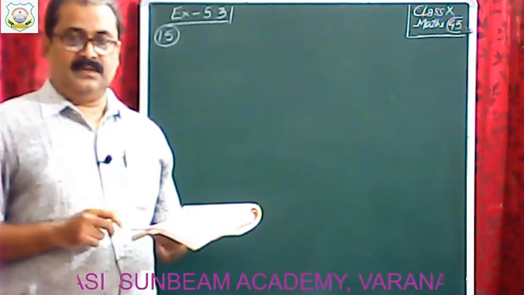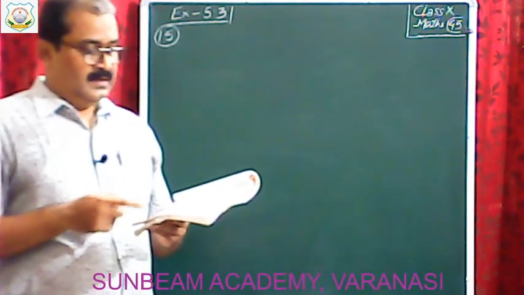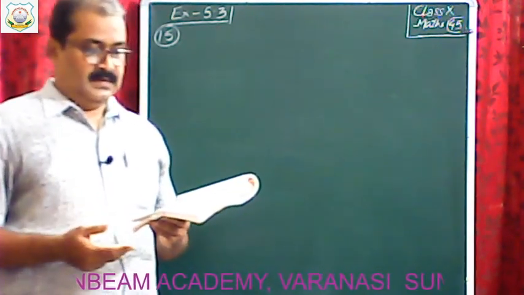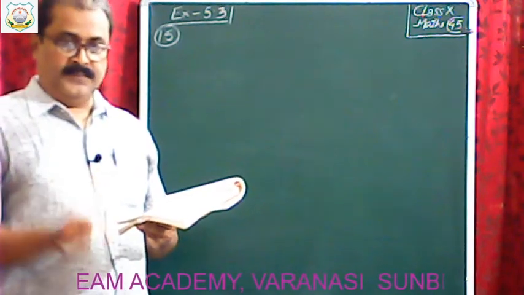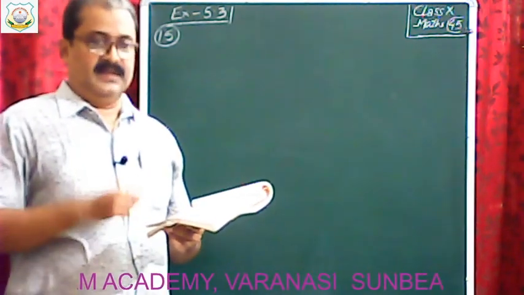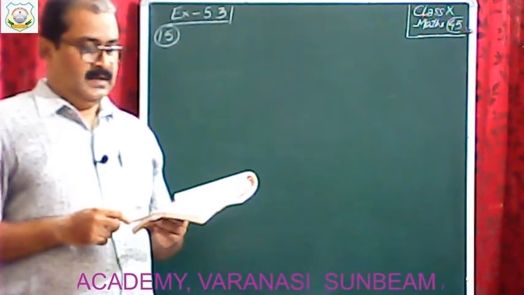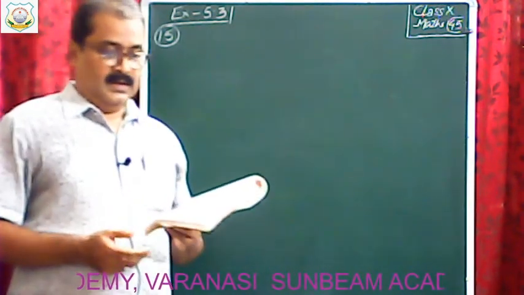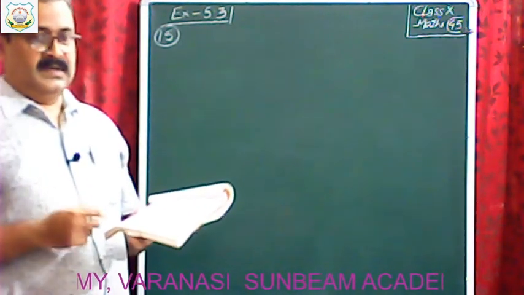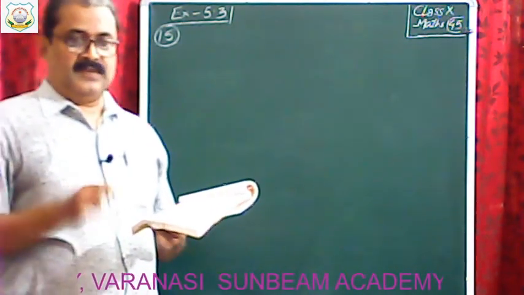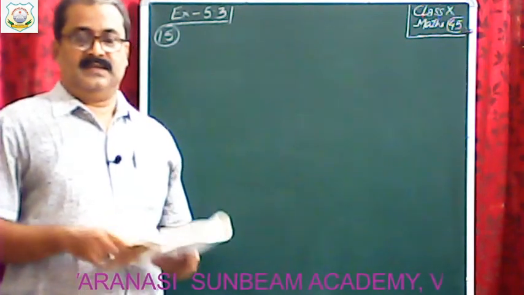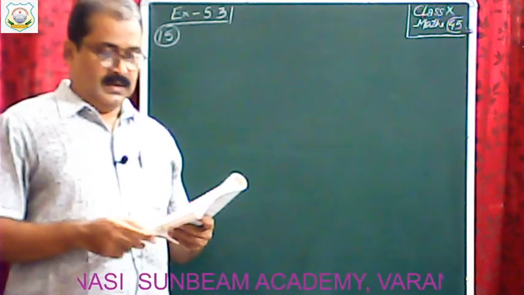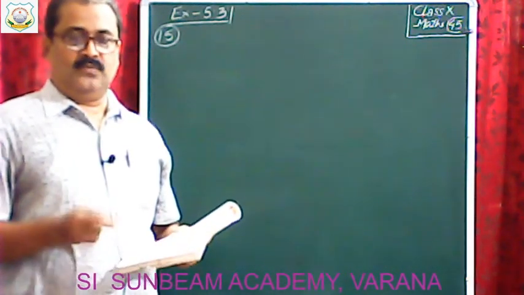The rule of penalty is given: the penalty for each succeeding day is rupees 50 more than for the preceding day. So first day rupees 200, second day rupees 250, third day rupees 300. In this way, the contractor has to pay the penalty.